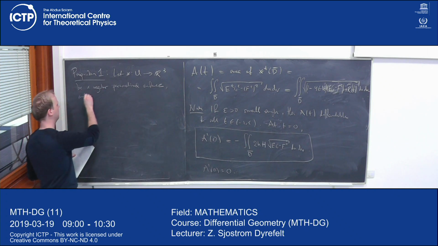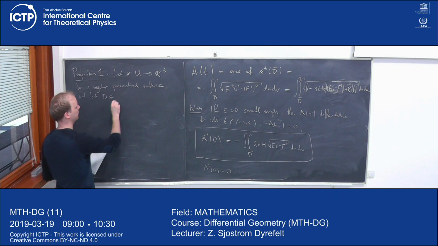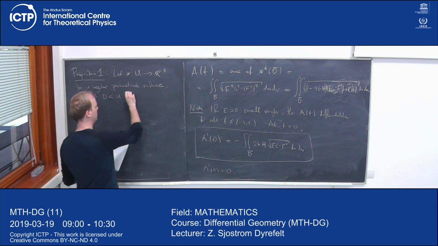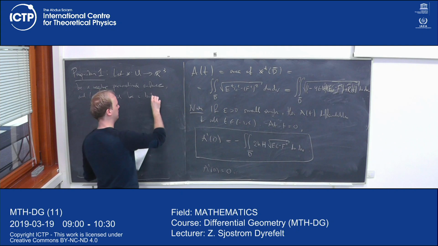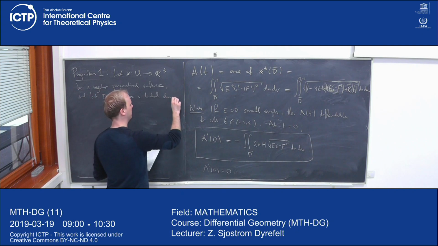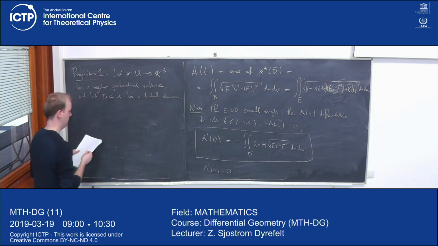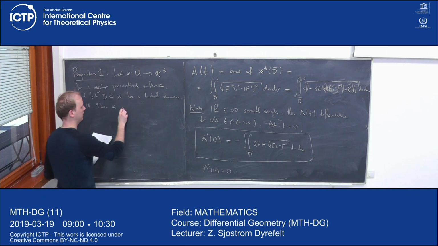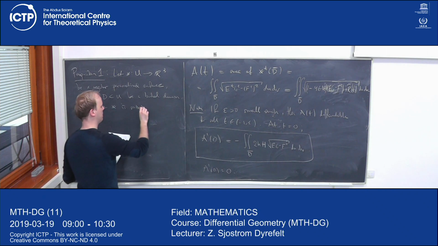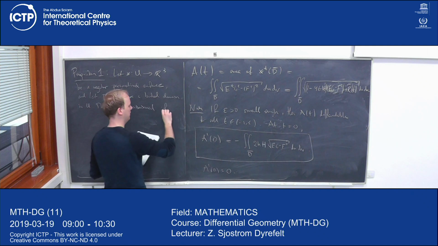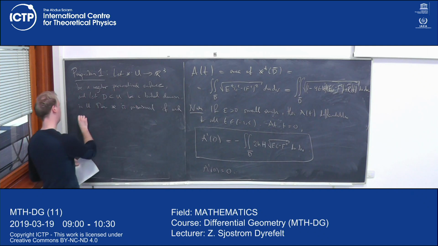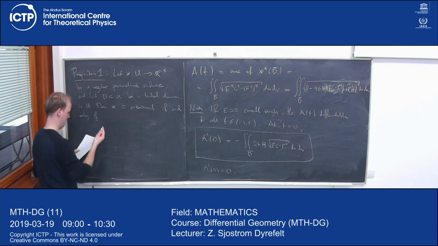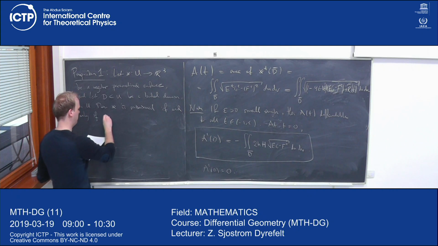And so everything will be as what we did. Let D in U be a bounded domain in U. Okay, then this surface x is minimal if and only if A prime of 0 equals 0.